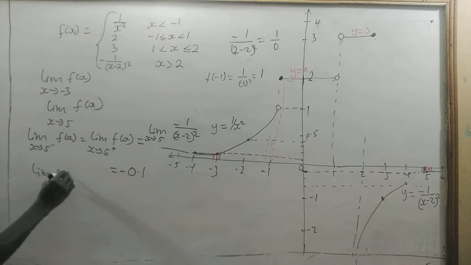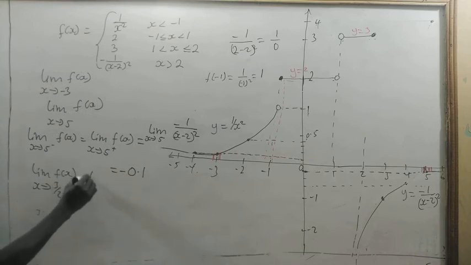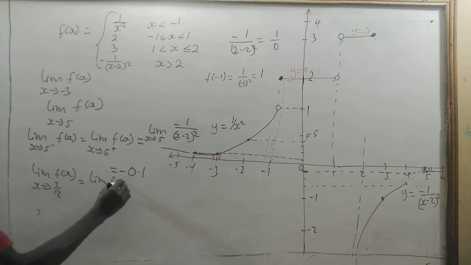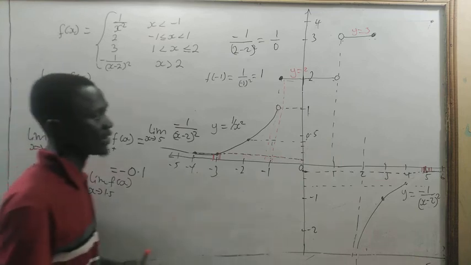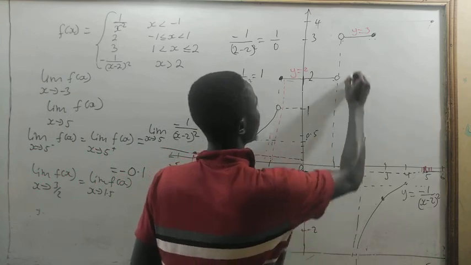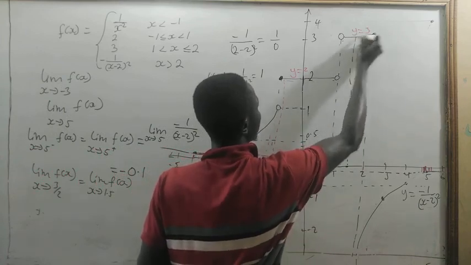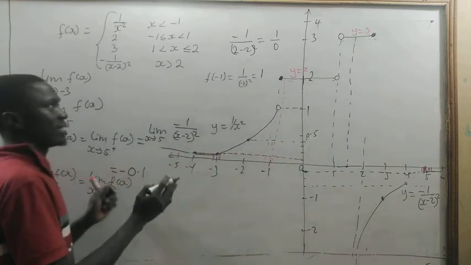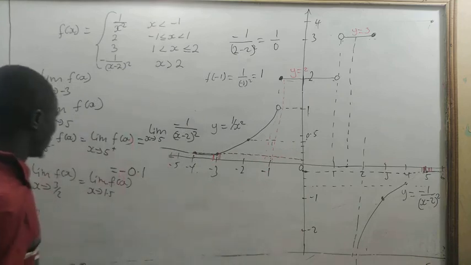the limit of f of x as x approaches 3 over 2. That is the same as the limit of f of x as x approaches 1.5. 3 divided by 2 is 1.5. So let's locate 1.5 on the number line. It will be somewhere here and it will fall within this. So it is the same line that is defining the left hand limit and the right hand limit.